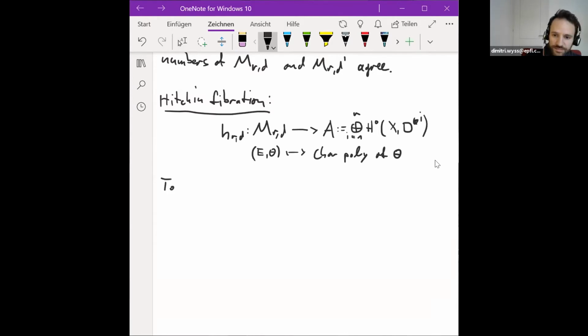So to any a in this base, so this is the characteristic polynomial, one can associate what is called a spectral curve.